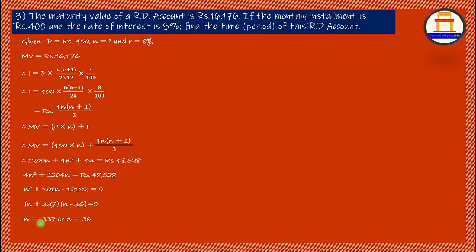Years or months cannot be negative. So we will ignore it and take only 36. What is this 36? It's not 36 years, it's 36 months. So number of months equals 36 months, or 36 by 12 is 3 years. Hope you have understood this concept.